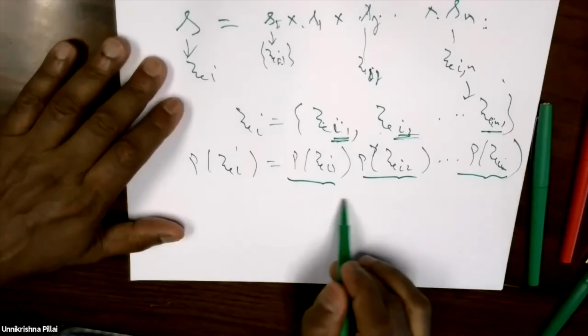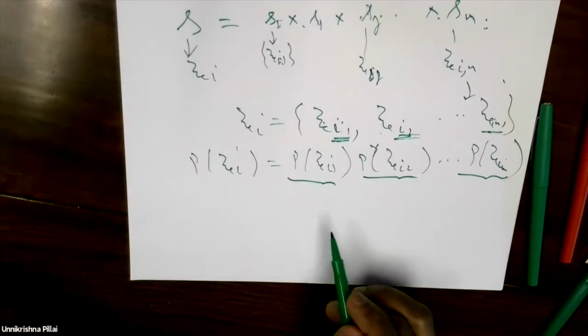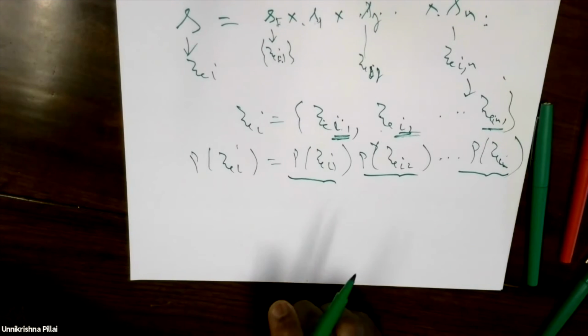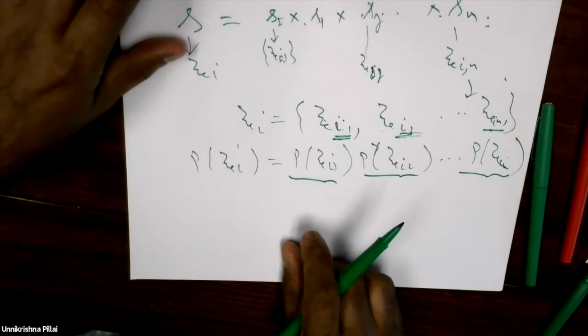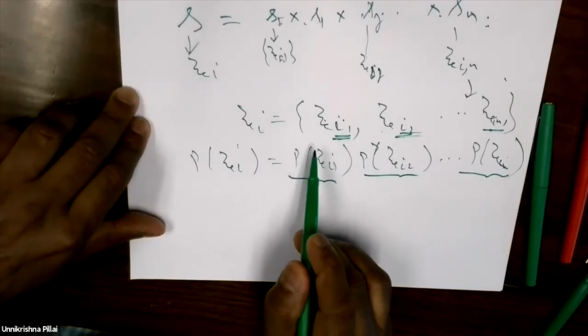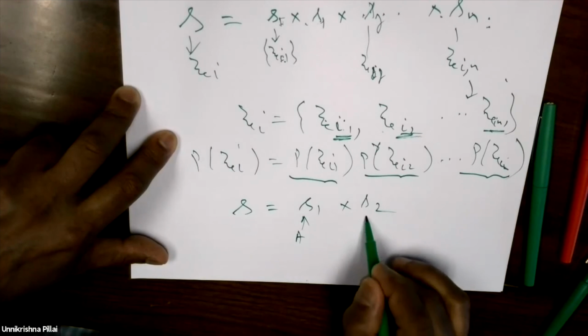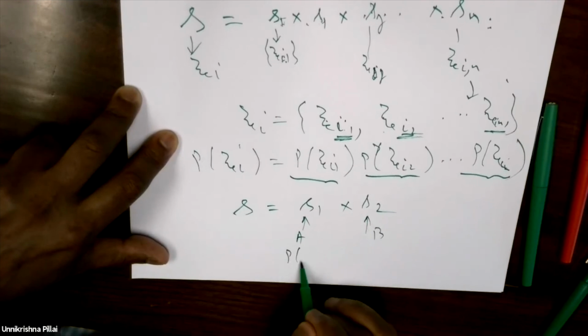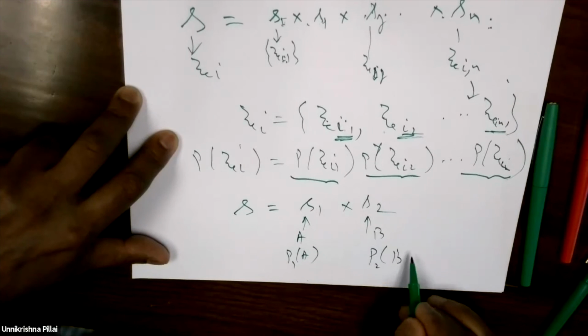So with that in mind, let me do a concrete example. And of course, maybe do a little bit of generalization. Going back to S1 and S2, if there is an event A here and event B here, probability of A is well defined here, probability of B is well defined here.